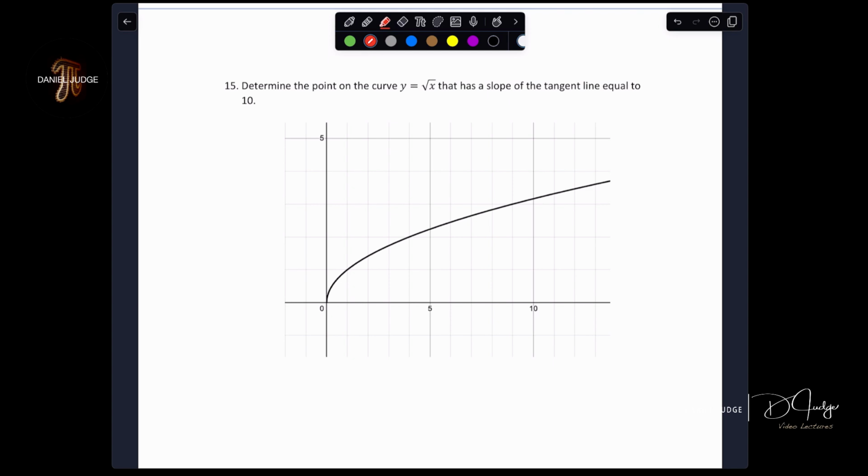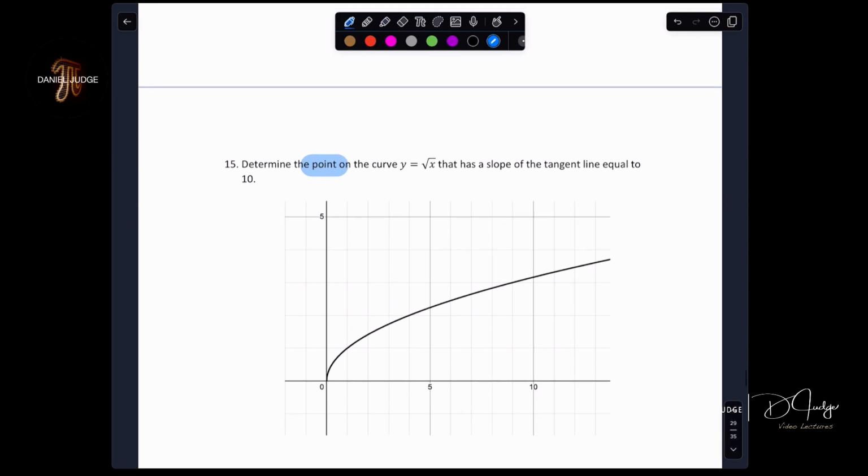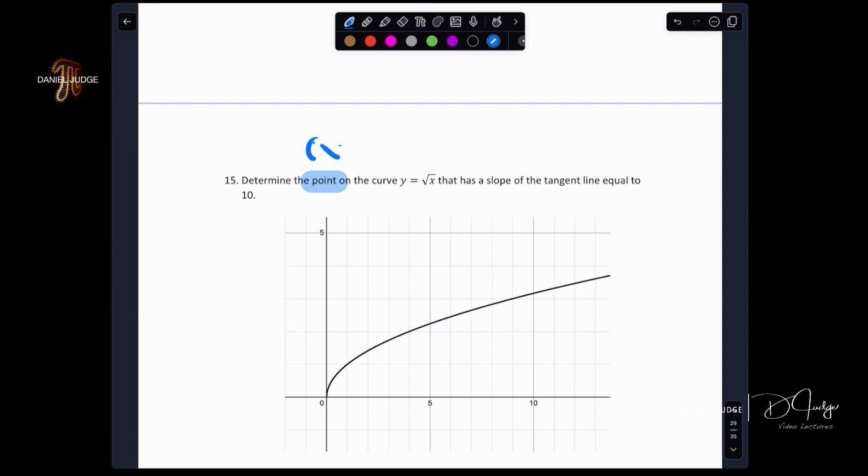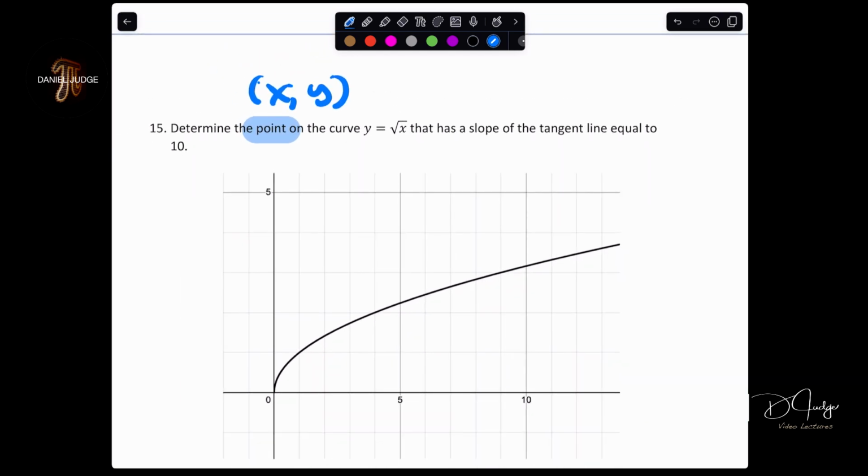Determine the point on the curve, the x and y coordinates, where the slope of the tangent line is equal to 10. Slope, let me put that in red. Slope of my tangent line is equal to 10.